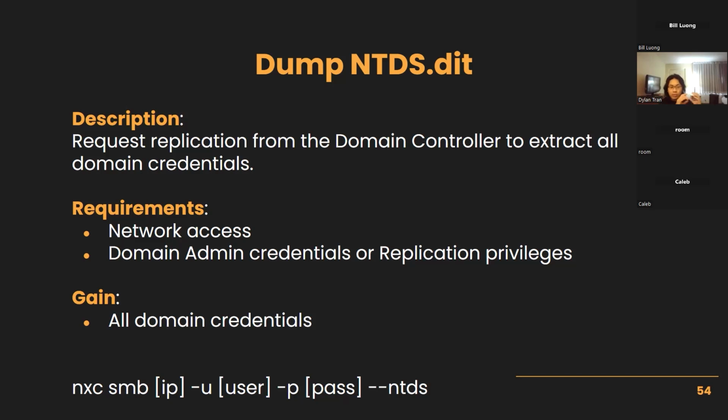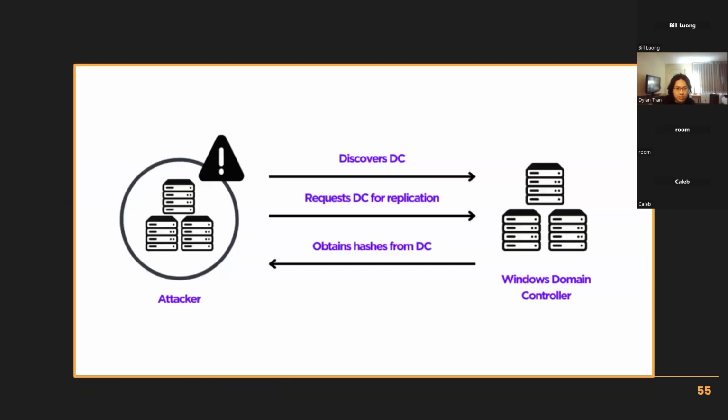If you have replication privileges on the domain, you can imitate how a domain controller requests to replicate information, and you will read all that information. Because everything's an object in LDAP, if you have the proper attribute and you authenticate as that particular object, you can do what that object does on the domain. In this case, a domain controller can replicate.